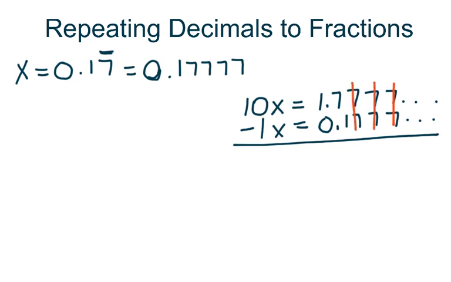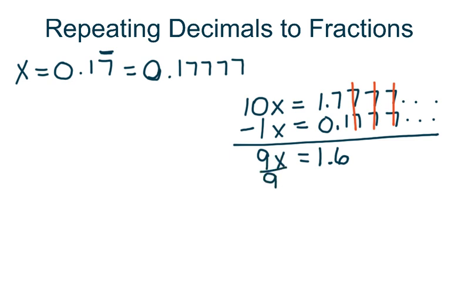But now we have 7 minus 1. So 7 minus 1 is a 6. We have a decimal place, and 1 minus the 0. 1 minus 0 is 1. This now equals the 10 minus 1, which is a 9. So we have 9x equals 1.6.